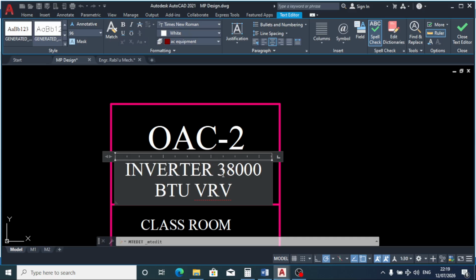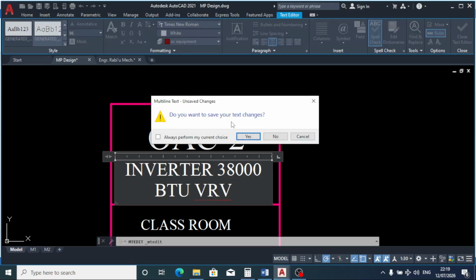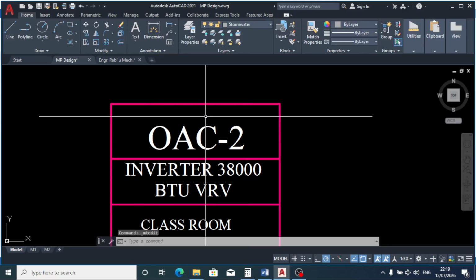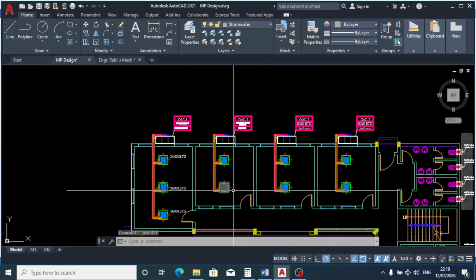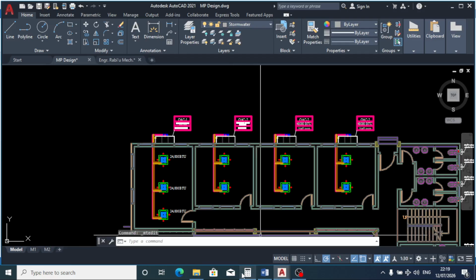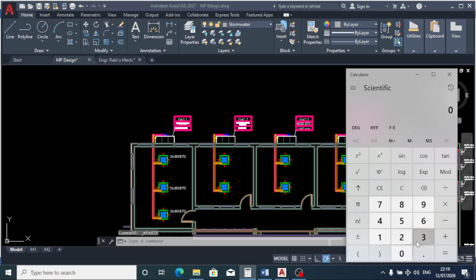38,000 BTU. For the inverter part, we don't know yet. Let's see. 38,000 divided by 2 rows, 19,000. So we don't have 19,000. What we have is 18,000.